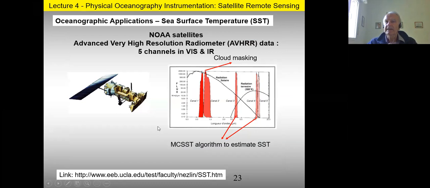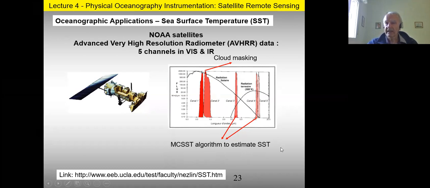Now let's move to the sea surface temperature measurements, which is done by the NOAA satellite with the advanced very high resolution radiometer, and this is measuring the spectrum, and then this algorithm here is used to estimate the SST from these peaks, which are in the infrared part of the spectrum.